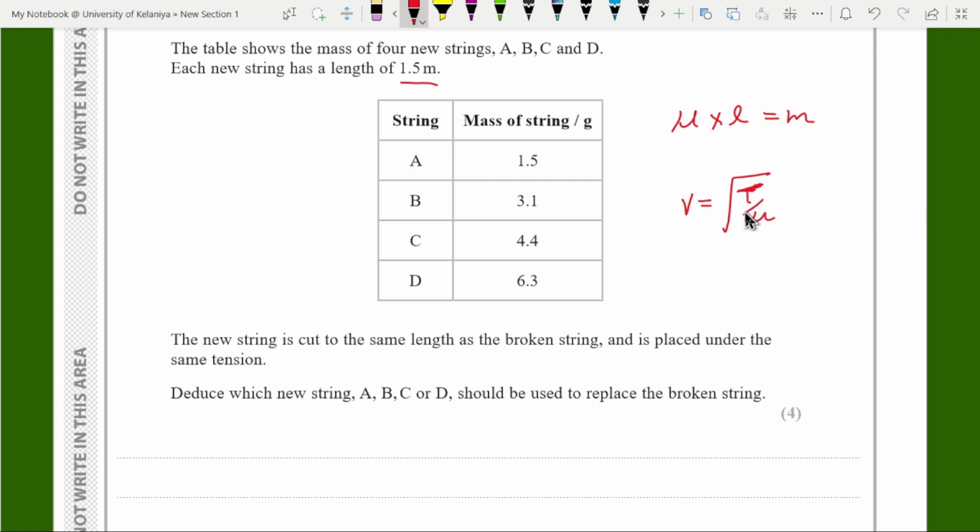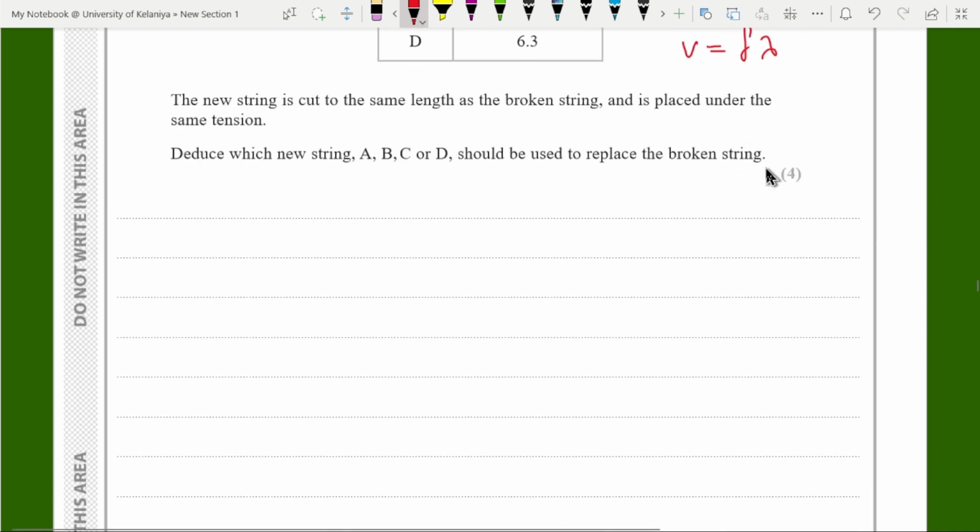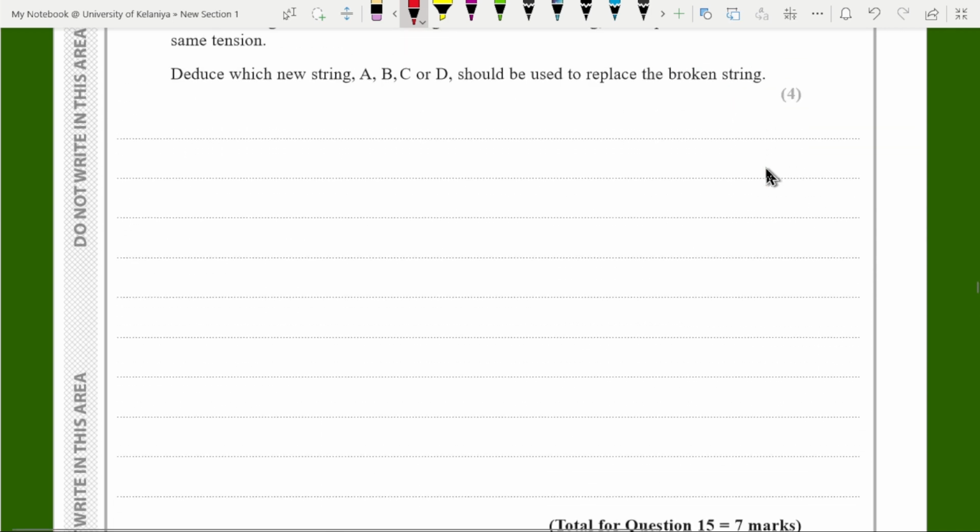This is the velocity on a string. To find mu, we have T because they have given T, so we don't need to worry about that. How can we find v? v is equal to f times lambda. So by using this one, you can find v, then you can find mu, then you can find m. Let's go along these steps.